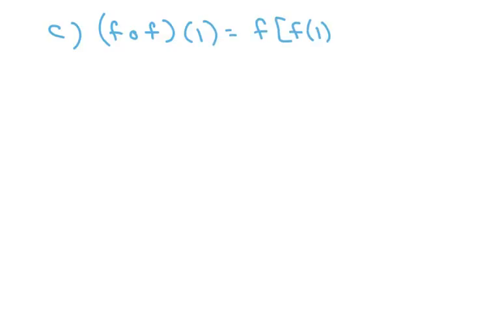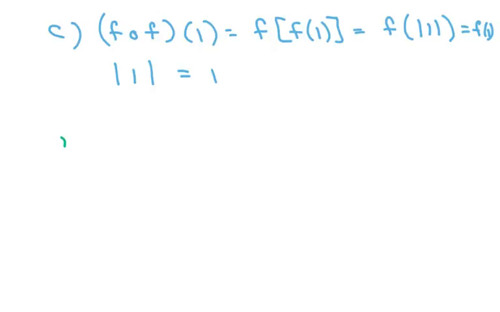C, we have f of 1, which we can write this way. We're just going to do f of 1, which equals f of the absolute value of 1, which just equals f of 1. And you plug it in again, you get the absolute value of 1, which equals 1.